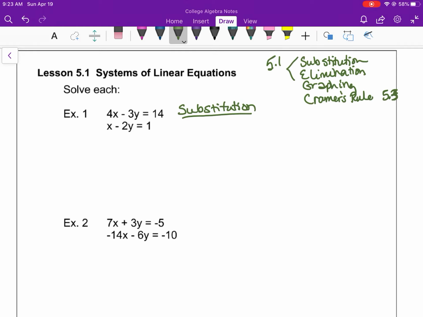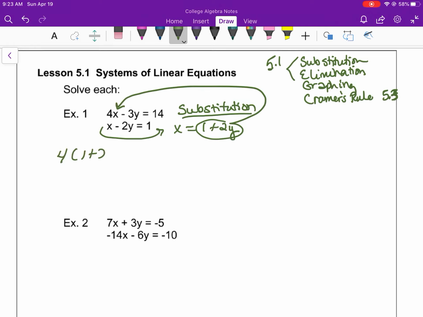Okay. So if I'm going to use substitution, I'm going to be plugging one equation into the other. So I'm going to go ahead and say x equals 1 plus 2y here. And then that's going to go in for x right here. Distribute.